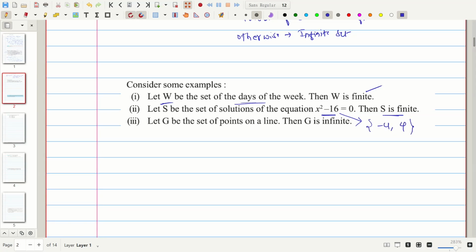If you put x equal to -4 or 4, you get 0, because -4 squared is a positive number. Third example: let G be the set of points on a line. We do not know how many points are on the line, therefore we can say that G is an infinite set.